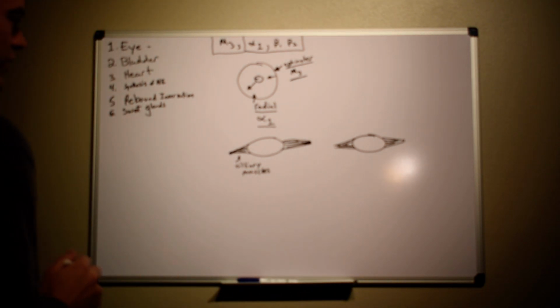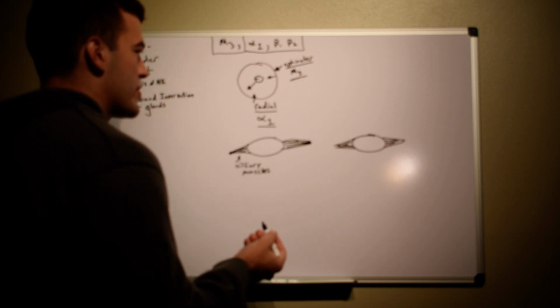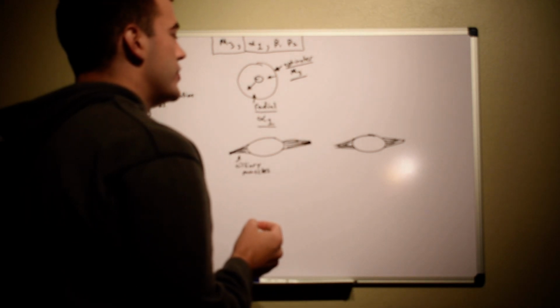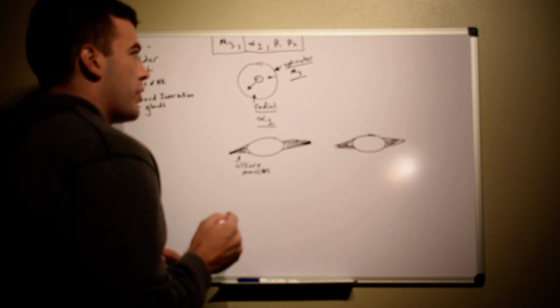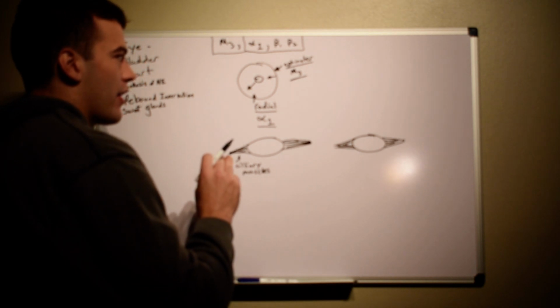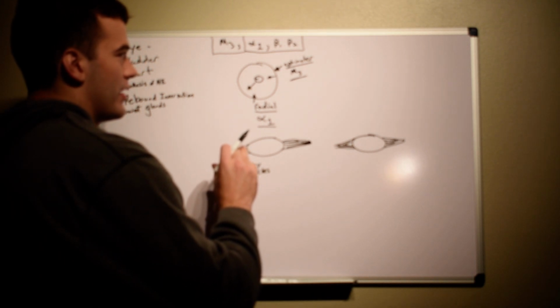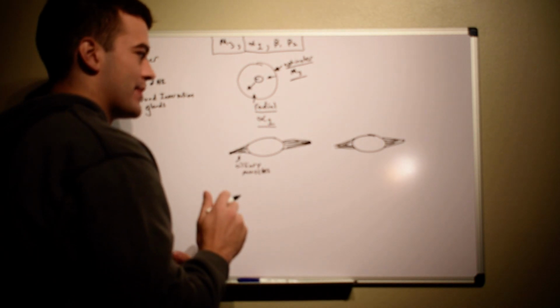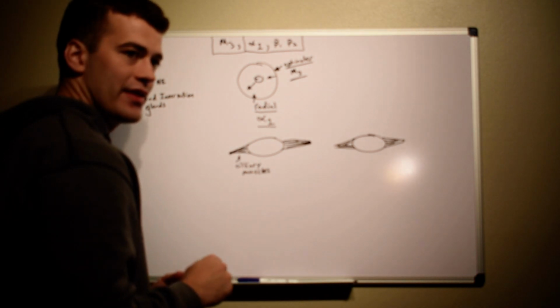Okay? Ciliary muscles have receptors on them just like the radial and sphincter do in the eye for both of the tracts. They are actually one set of muscle, but they're going to have two different receptor types on them that do opposite things.